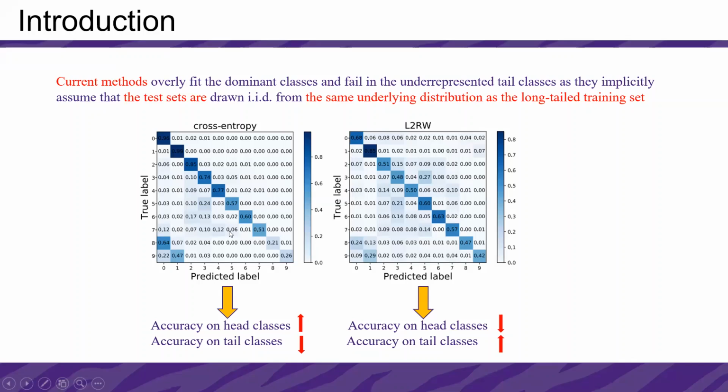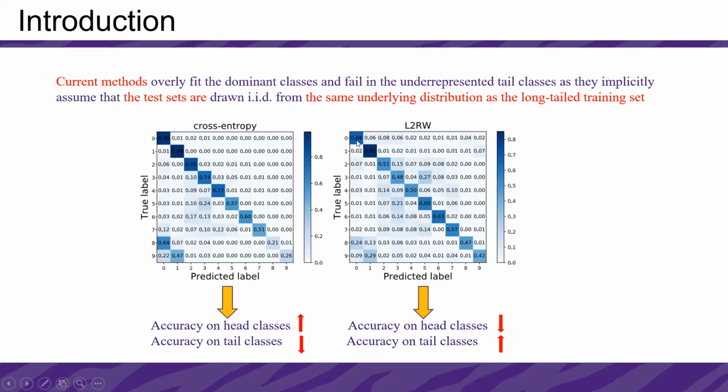So here is the result of current methods with cross entropy and the learning to reweight loss function. And neither of them works well on the test set. And you can see here is the result. Here, the accuracy on the tail classes of the cross entropy is very low, and the accuracy on the head classes of the learning to reweight is not good enough.